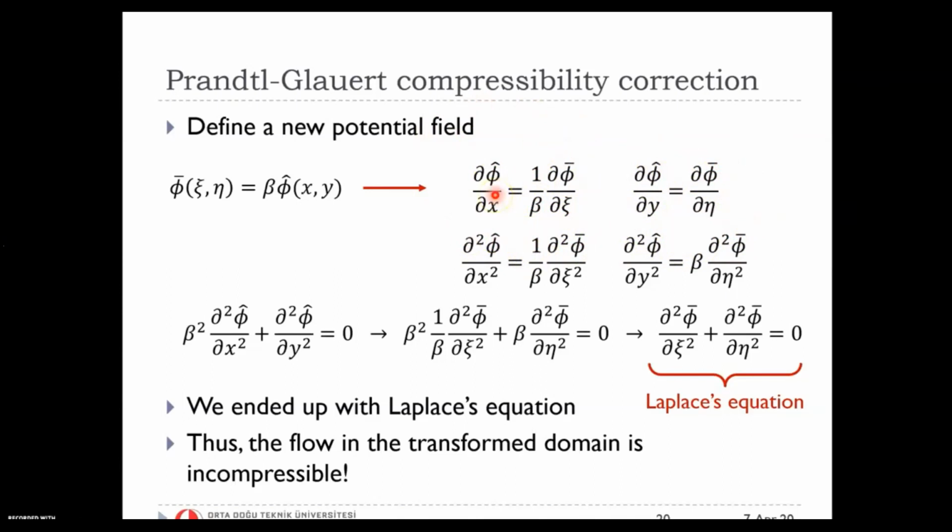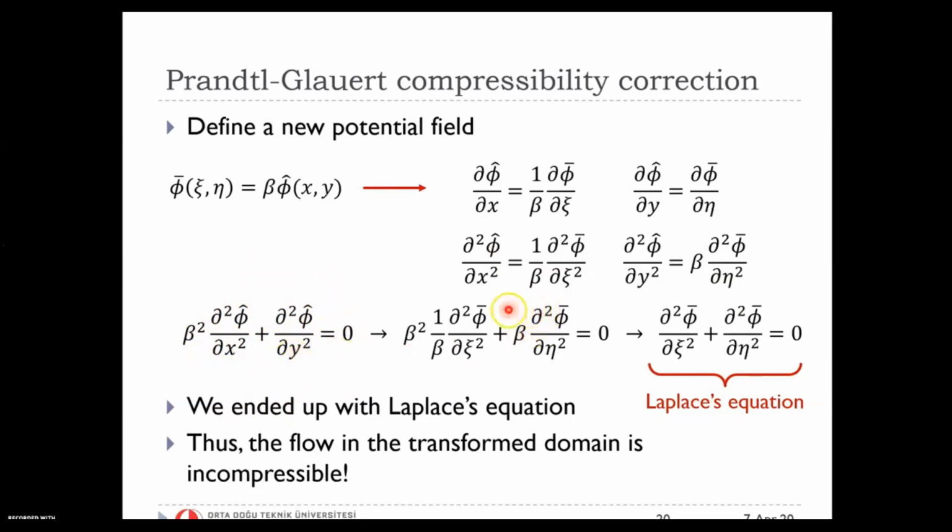Of course we look at the first and second derivative relations, because at the end we would like to represent our initial velocity potential equation in the new transformed domain. That's beta squared times the second derivative of phi hat with respect to x, and the second derivative of phi hat with respect to y.